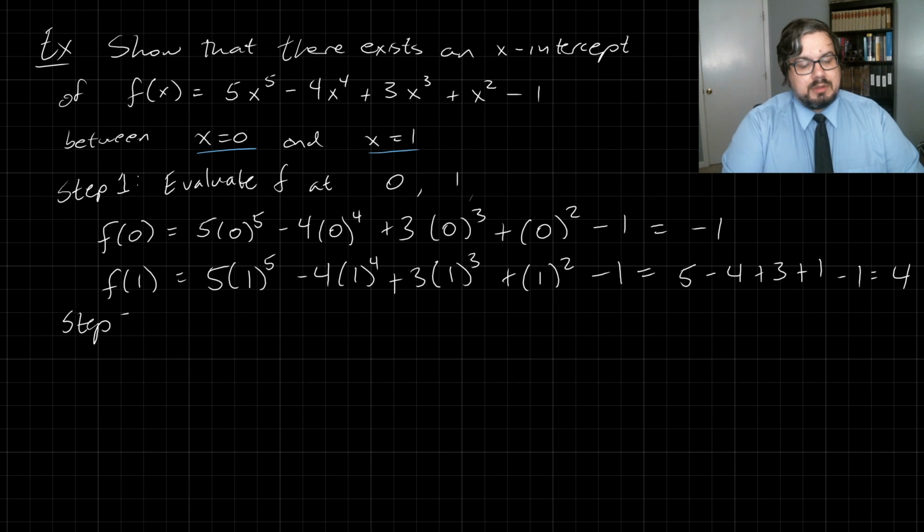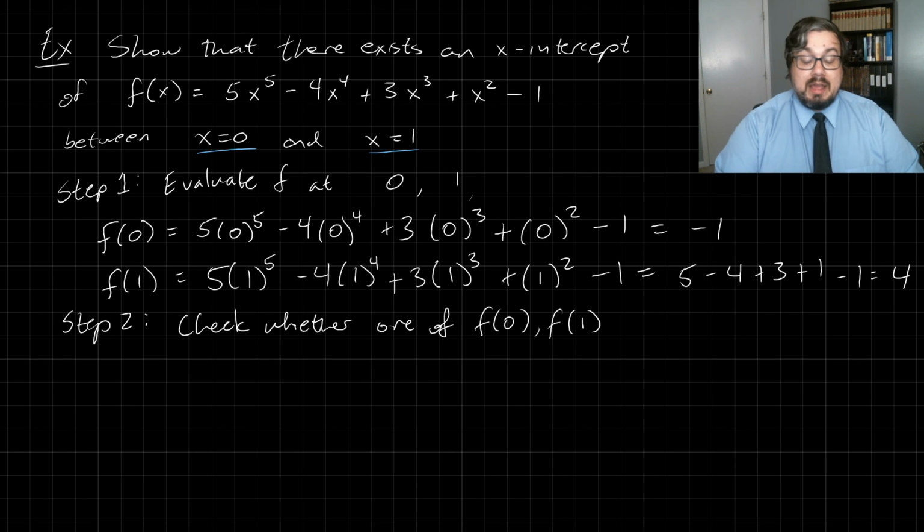Step 2 is to check whether one of the numbers, f of 0 and f of 1, is positive and the other negative.